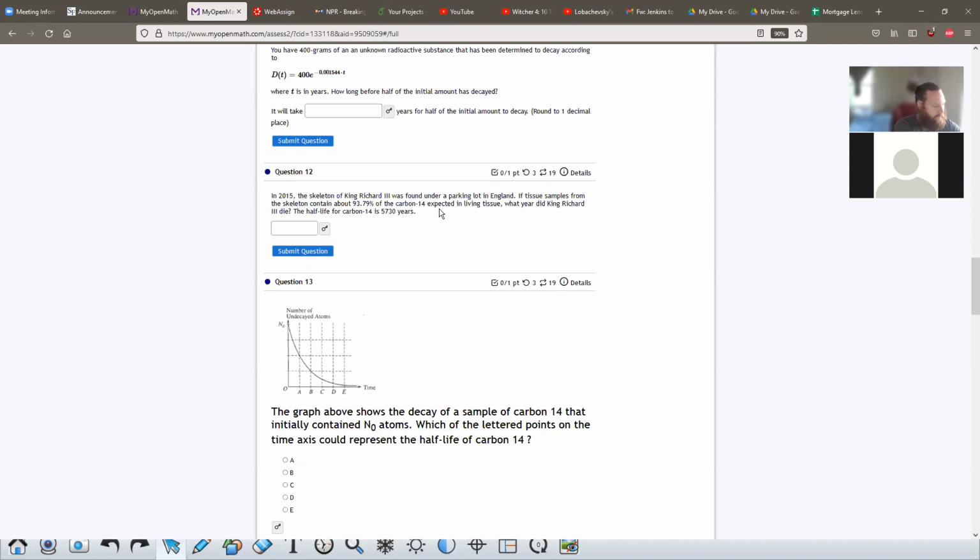The half-life of carbon-14 is 5,730 years. When did homeboy die?